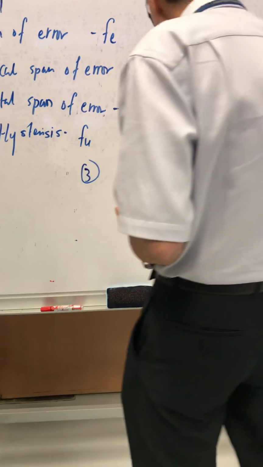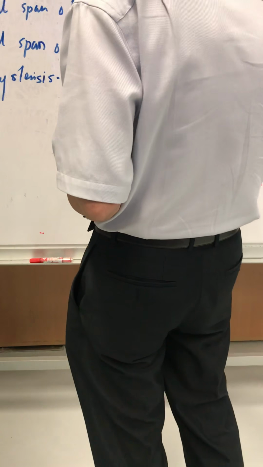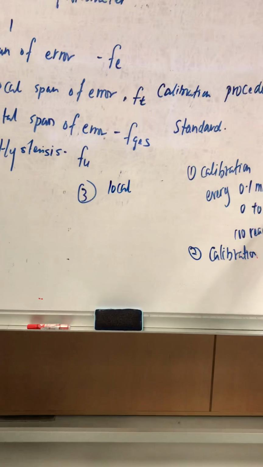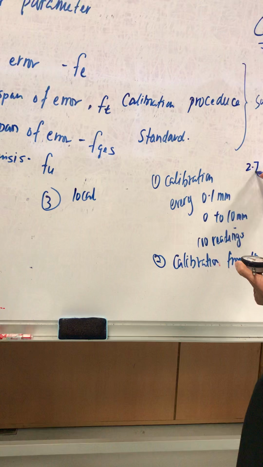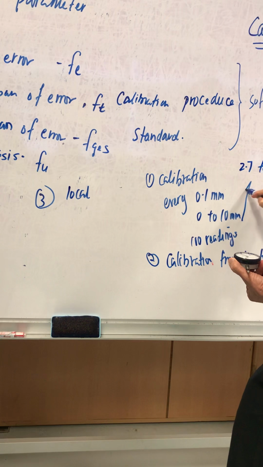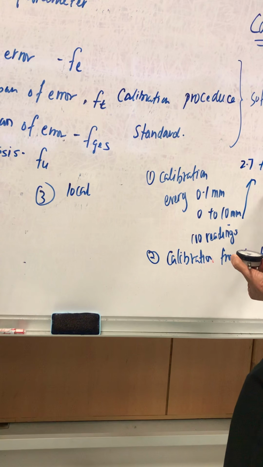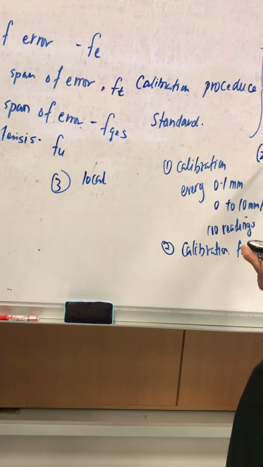So this is called local span of error. For example at this reading, 0 to 10 mm, maybe at 2.7 to 2.8, it has the largest deviation. So the software will call you to go back here.